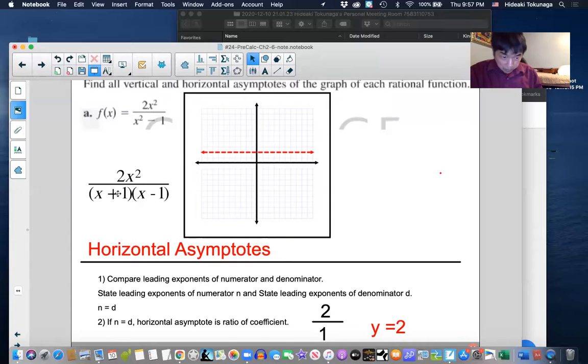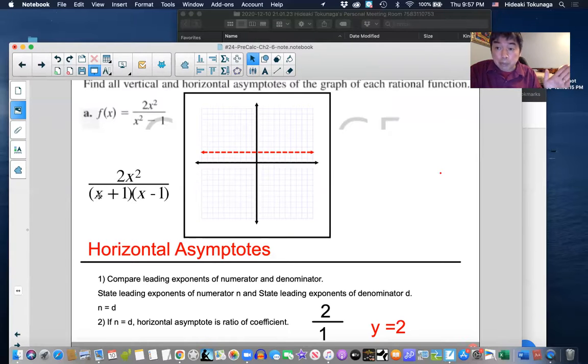Now, in math, you cannot have 0 in the denominator. But there is a number approaching close to this, 1. I'm sorry, negative 1 here. If you plug in 1, the denominator is going to be 0. And if you plug in negative 1, it's going to be 0.